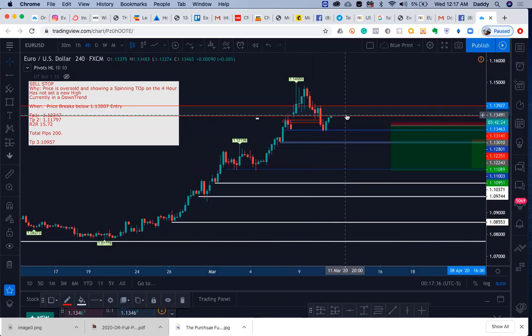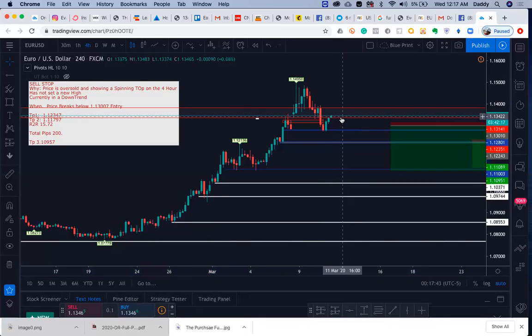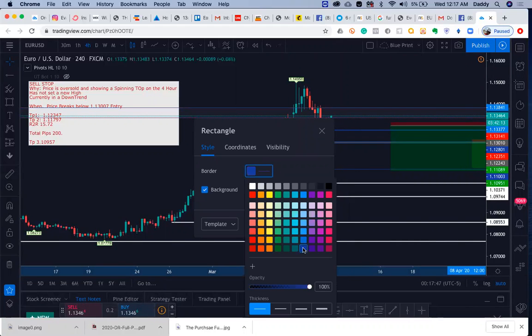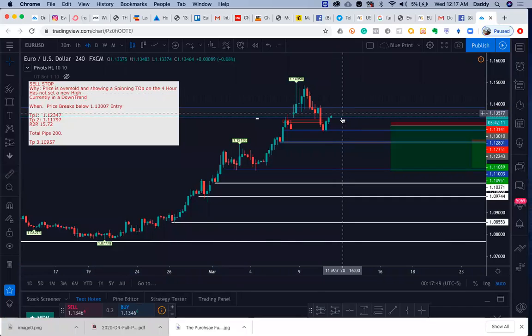No, I don't think that's enough. 1340. Okay, and then now let's make him blue. Okay. So what this is saying though is that price is breaking through 1340. You see that?